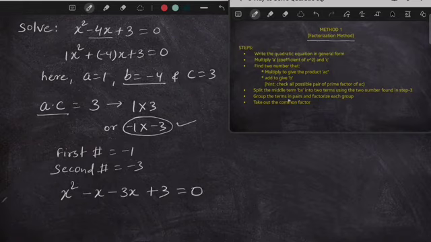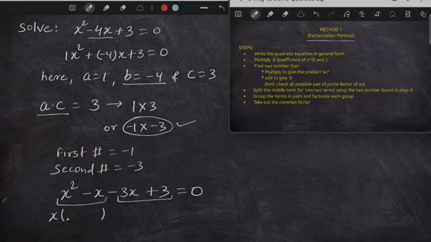Next step is to group the terms in pairs and factorize each group. Now the first group: factor out the x. If we factor out the x, then divide each term by x.